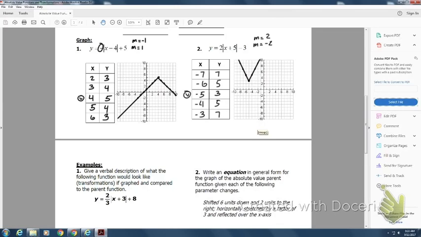What would the domain of both of these graphs be? Somebody tell me. Neve?